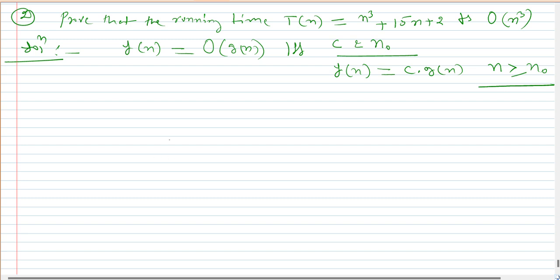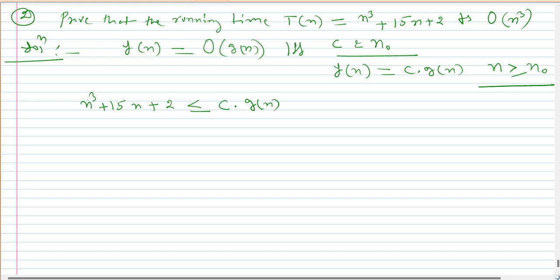So this is what we are going to prove, that our n cube plus 15n plus 2, this is our f(n), is always smaller than or equal to c dot g(n).